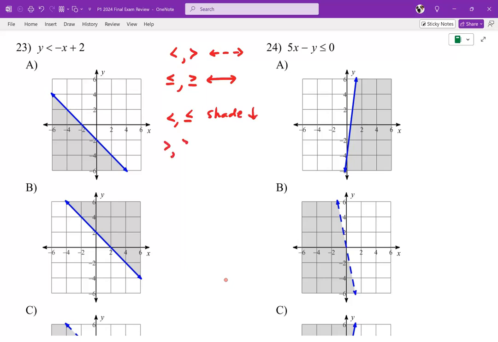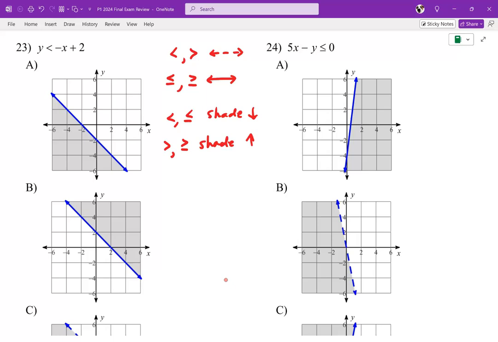If it's greater than or equal to, you're going to shade up. So if I kind of want to cheat a little bit, I can look at number 23 and I notice that it's a less than symbol, right? And since it's a less than, it should be dashed and shaded below.